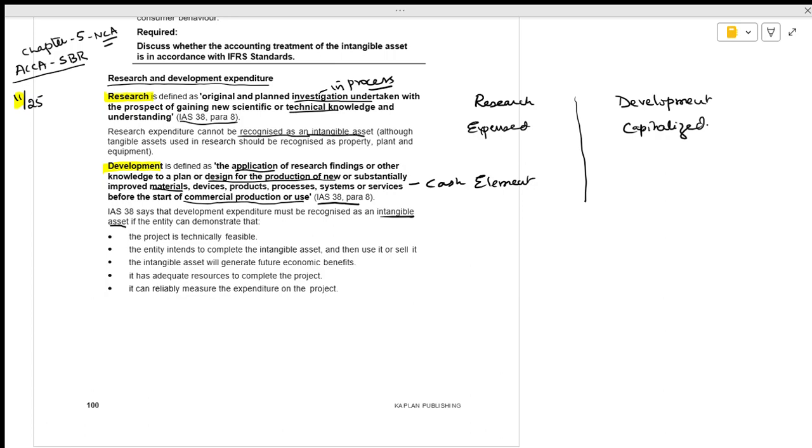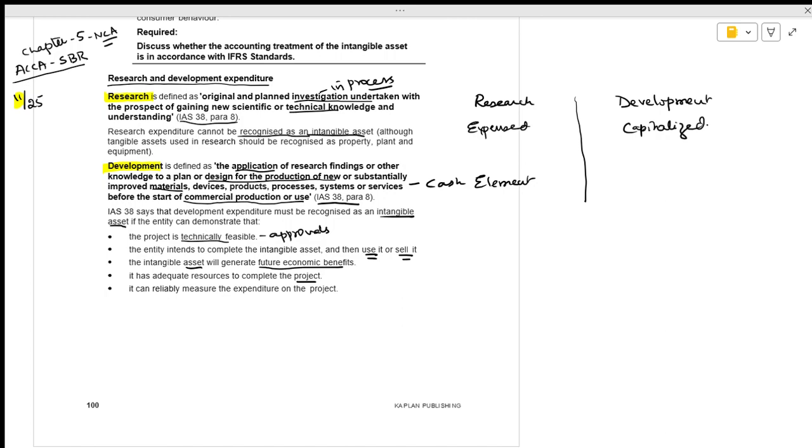What criteria have to be demonstrated? It should be technically feasible. Yes, it's nothing but it is going to have proper approvals. Okay, the entity intends to complete that intangible asset, and we can use it or we can sell it. Okay, this is very, very specific. And whenever we say it is an asset, it should generate future economic benefits, and there are adequate resources to complete it.